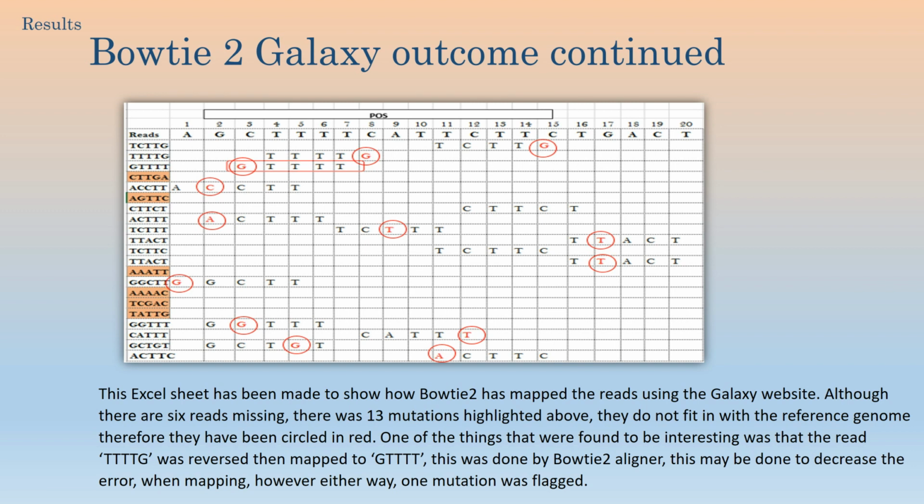The Excel sheet has been made to show how Bowtie 2 is mapped to reads using the Galaxy website. Although there's 6 reads missing, there were 13 mutations highlighted above. One thing that was interesting, one of the reads that were TTTTG have then been reversed to GTTTT in order to fit with a fewer number of mutations.